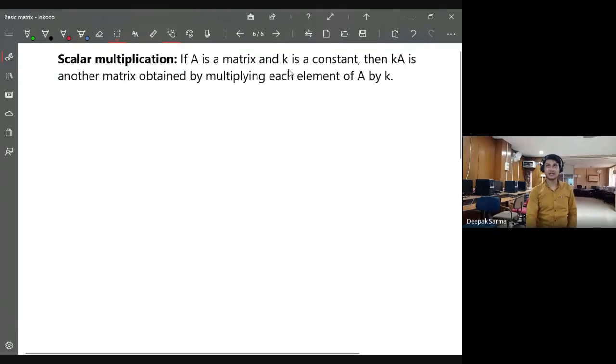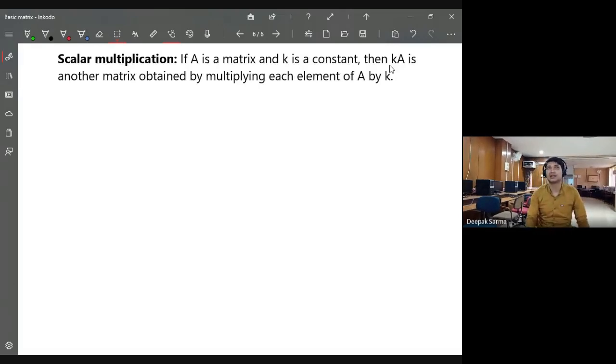So if A is a matrix, any matrix of any order, order is not important here, and K is a constant, meaning you can choose any real number. K is a constant or real number, but A is a matrix. They are not both matrices. So we don't say that it is matrix multiplication.